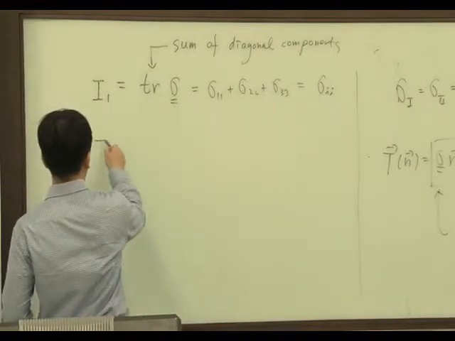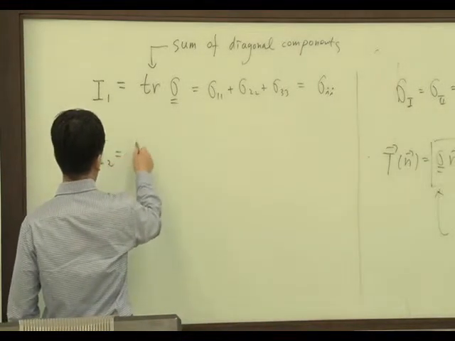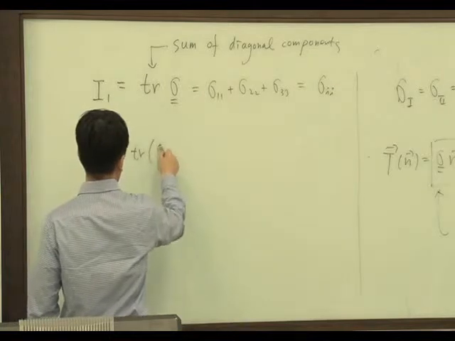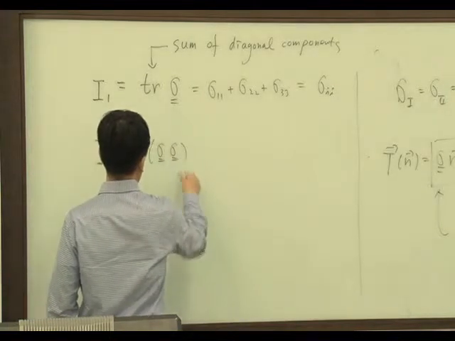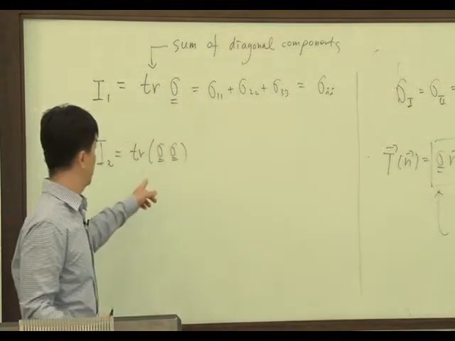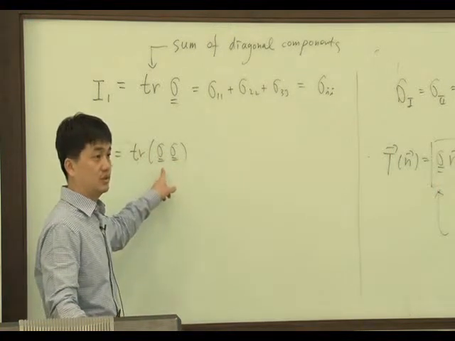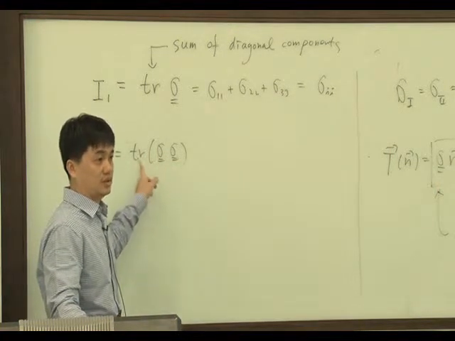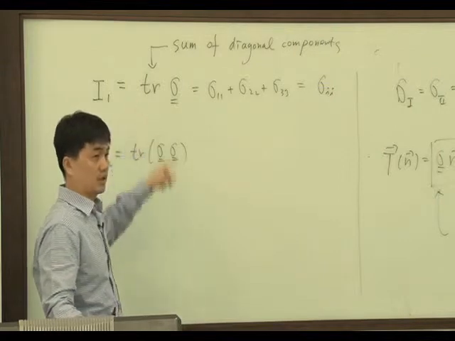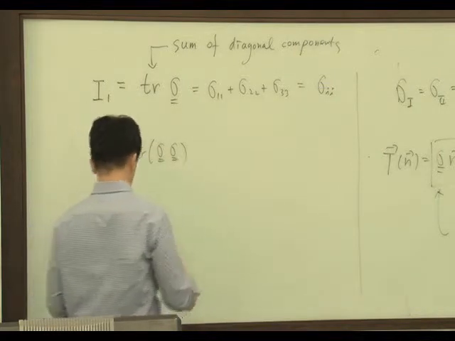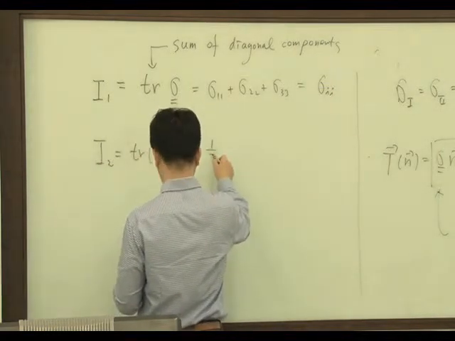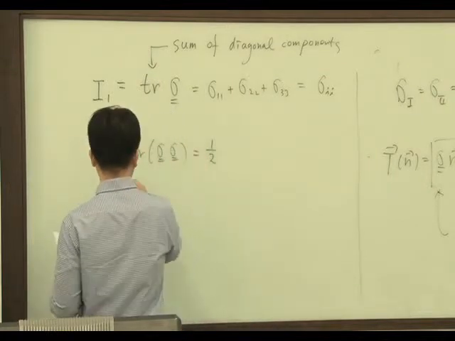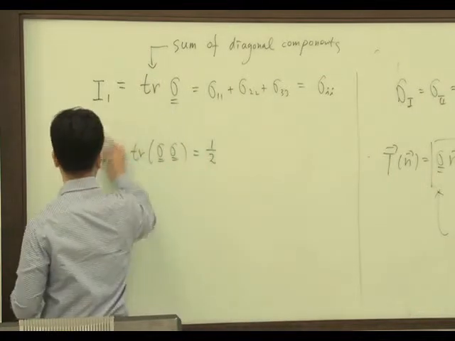And I2 is a trace of stress squared. We scale the stress and take the sum of the diagonal components. Sorry, I need to have a 1 over 2 here.